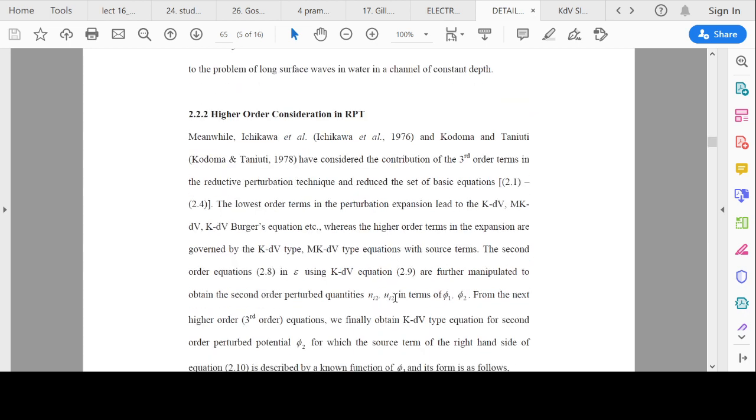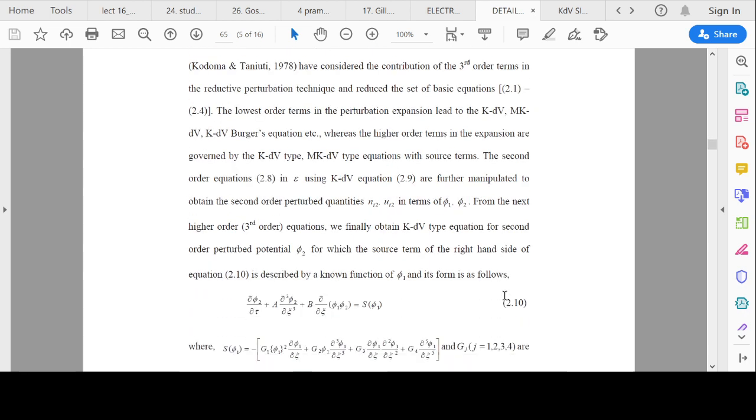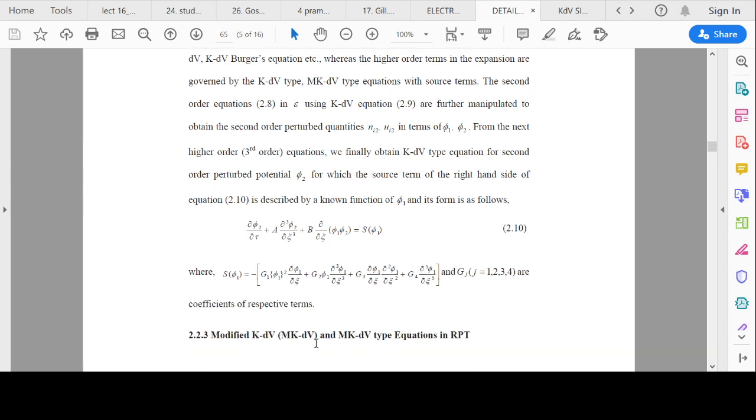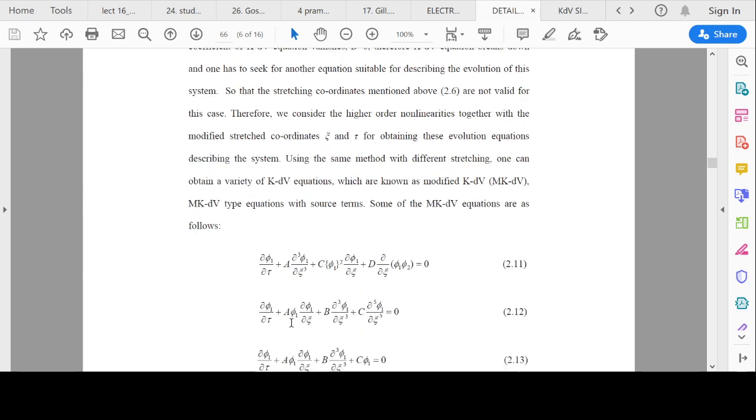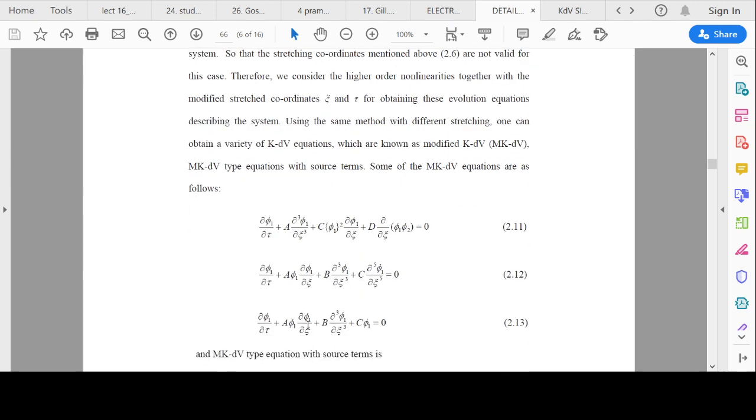Now, higher order considerations: a lot of people do higher order considerations, not only constraining themselves to the first and second order, they go to the higher order, and what they get is the modified KdV equations, using the reductive perturbation technique. So you see, these are the different forms of modified KdV. We know this term, we know this term, and we know phi del xi.